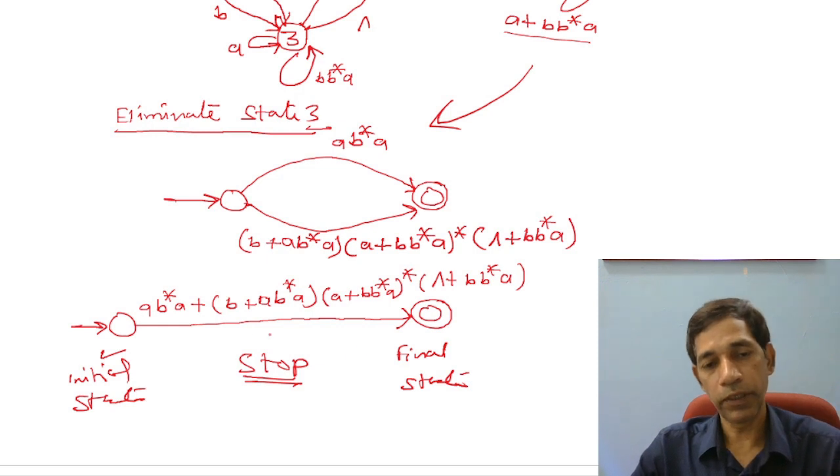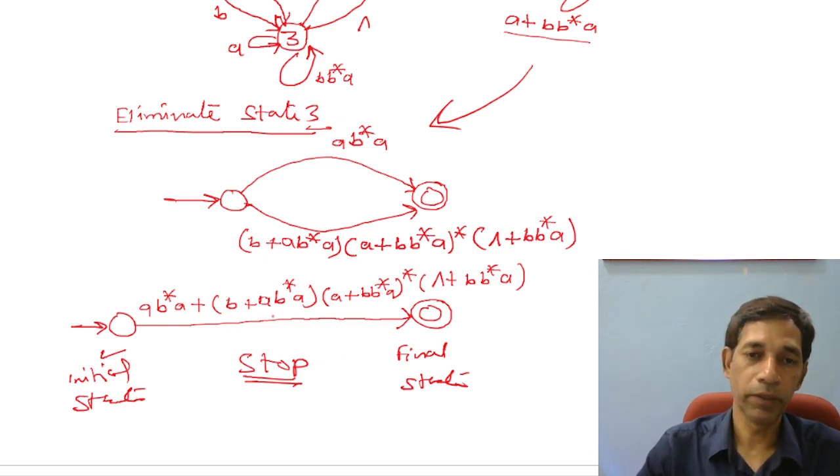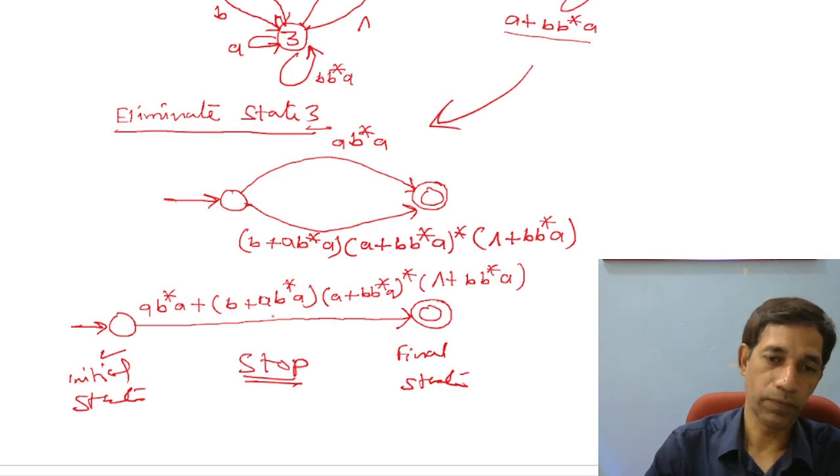No other states are left. We have eliminated all states one by one. So the resulting label of this direct edge is this, and hence this is the answer. This is your regular expression.